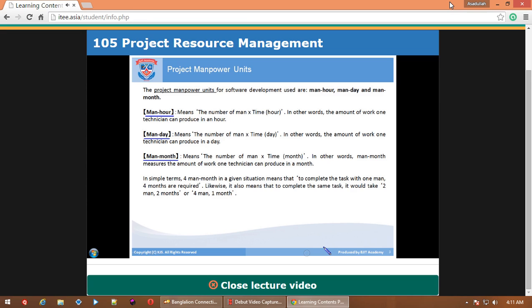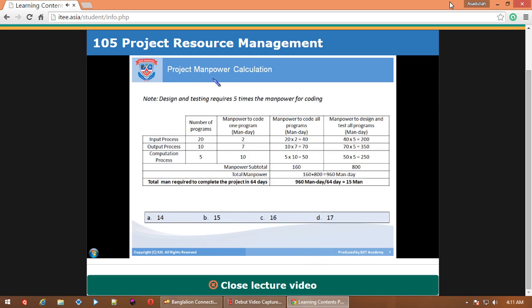Let's calculate the total manpower required to complete this system in 64 days. Remember that we have one relationship: design and testing requires 5 times the manpower for coding. We have the chart here.